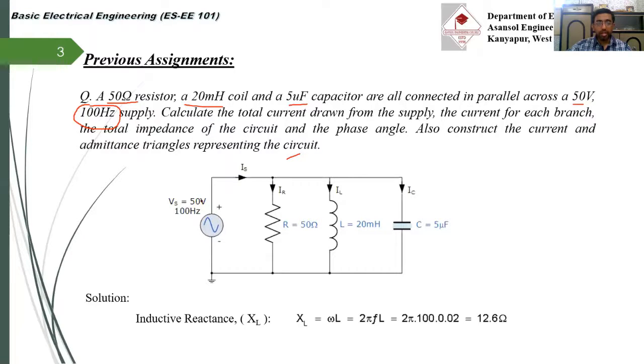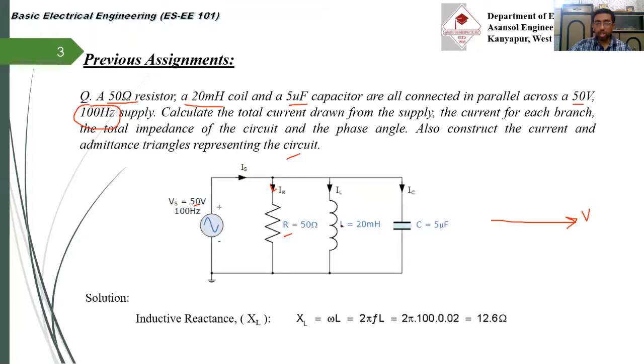Since voltage is common here, our reference will be the voltage, and we can calculate the current in each leg very easily. How? This resistor is connected across 50 volt, correct? So IR you can calculate.